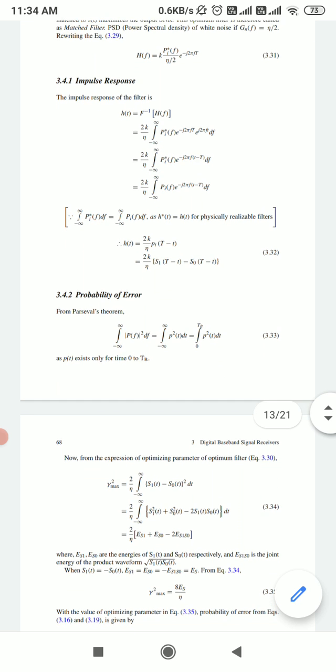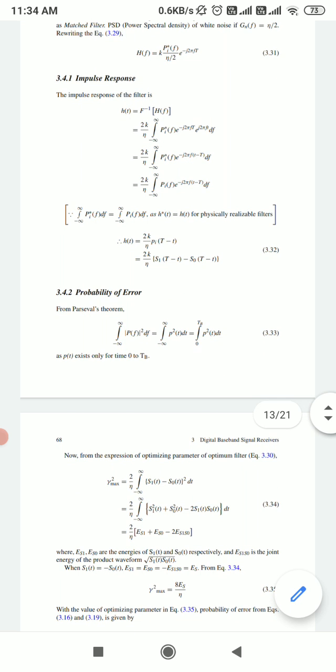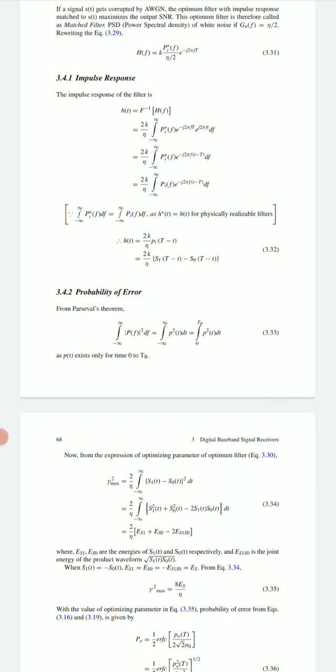Now from the expression of the optimizing parameter of the optimum filter, we can take the optimization parameter gamma max square equal to 2 upon N naught, or eta, into the integration from minus infinity to infinity of (s1(t) minus s2(t)) square dt.